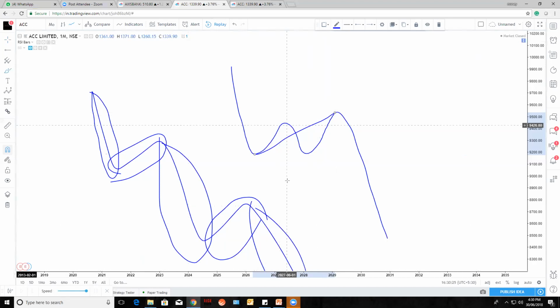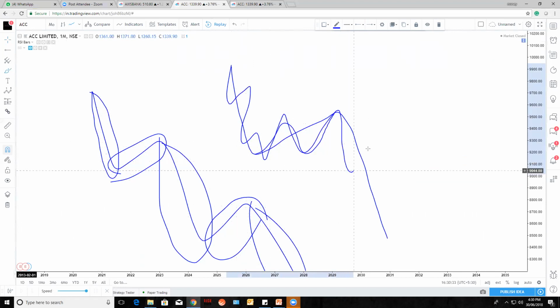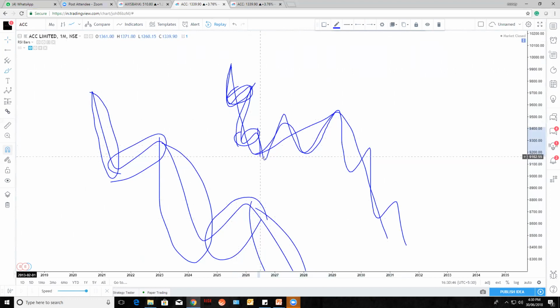Agree? Let's say it moved 1, A, B, C, and it went 1, 2, 3, 4, and 5. In this impulse also, you will find that this is an impulse and this is a correction because it's against the trend. It's an impulse, and again it's against the trend, so it becomes a corrective wave.